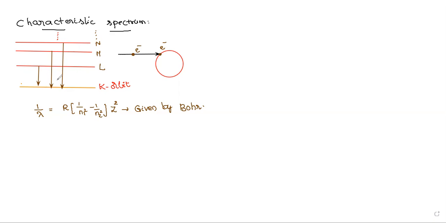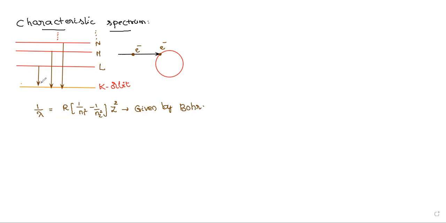The energy difference is more when an electron jumps from higher and then highest orbits. When the energy difference is more, the wavelength will be decreased.